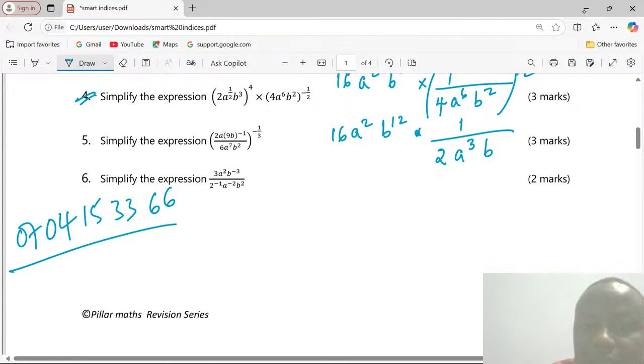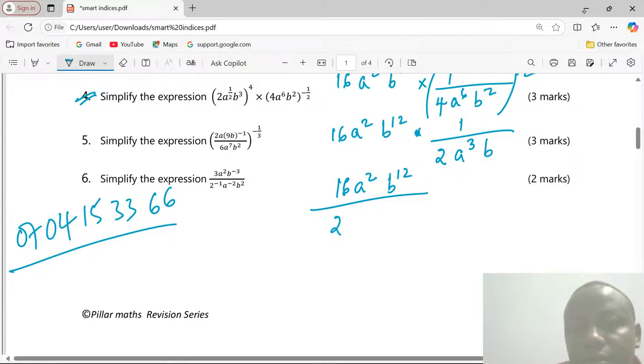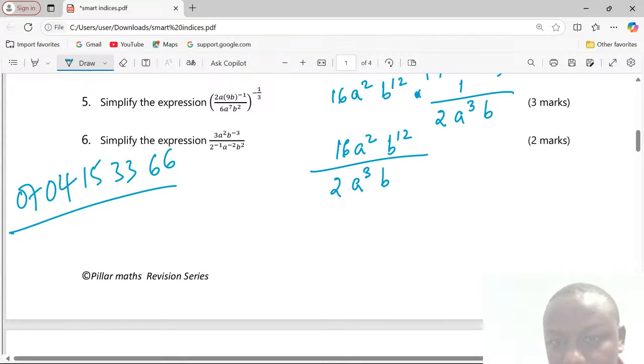So now we are having 16a power 2, b power 12, over 2a power 3 and b power 1, of which we can simplify further and start with the numerical part.